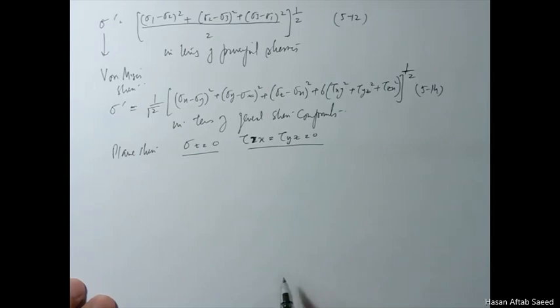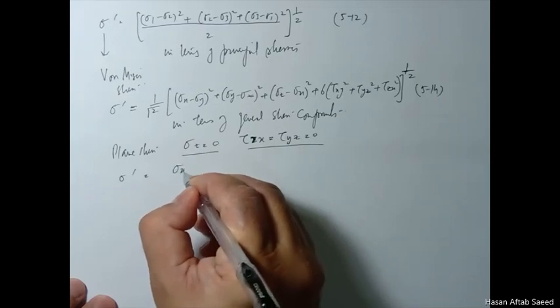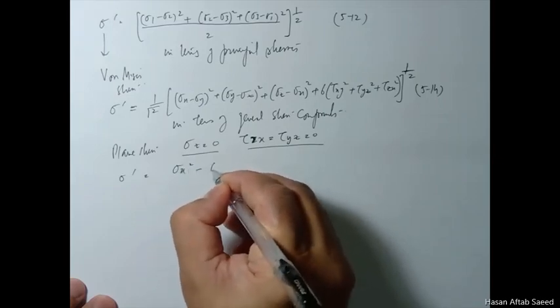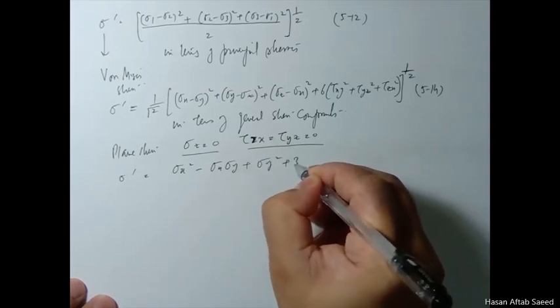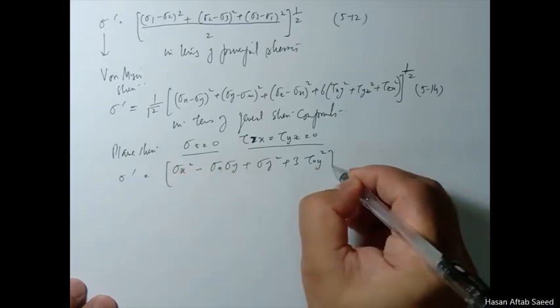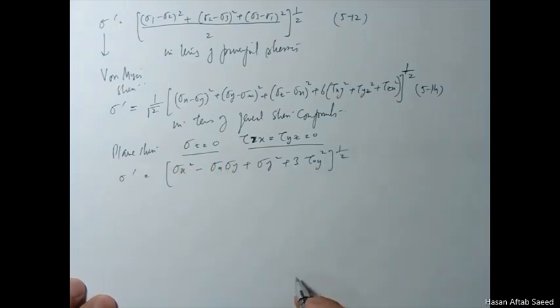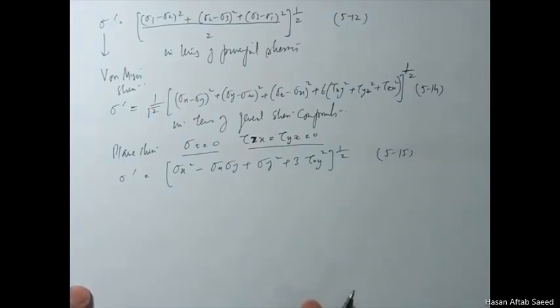You put these values 0 here, and then what you get is sigma x squared minus sigma x sigma y plus sigma y squared plus 3 tau xy squared. This is, again, the expression for von Mises stress in case of plane stress situations. This is equation 5-15 of your textbook.